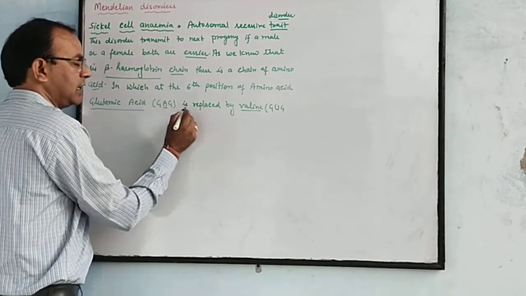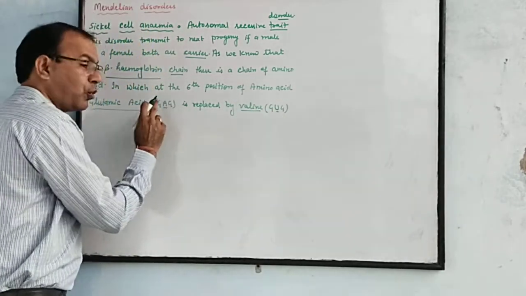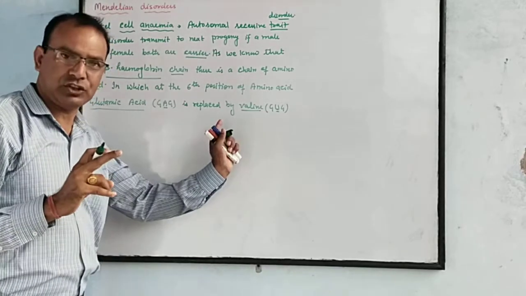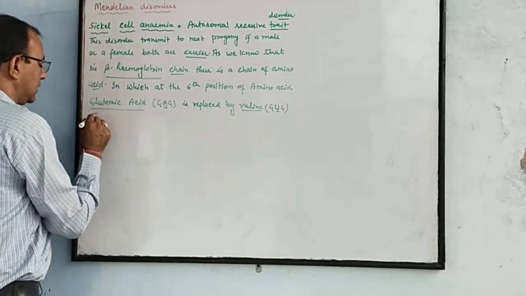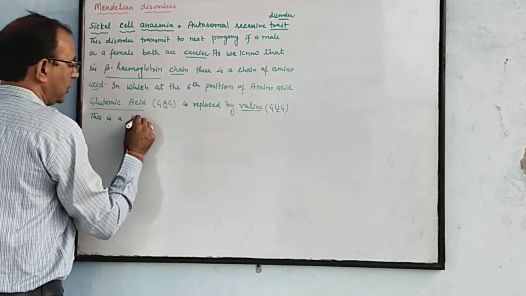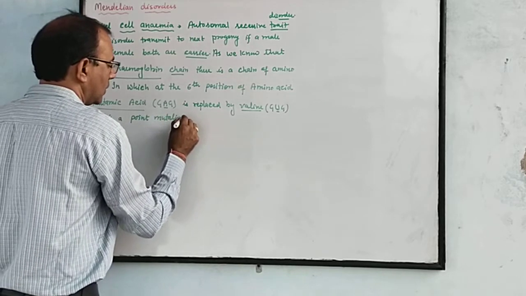Listen, A is replaced by U. Both G are the same. This is a point mutation, where a single base is replaced by another base. This is a point mutation disorder.